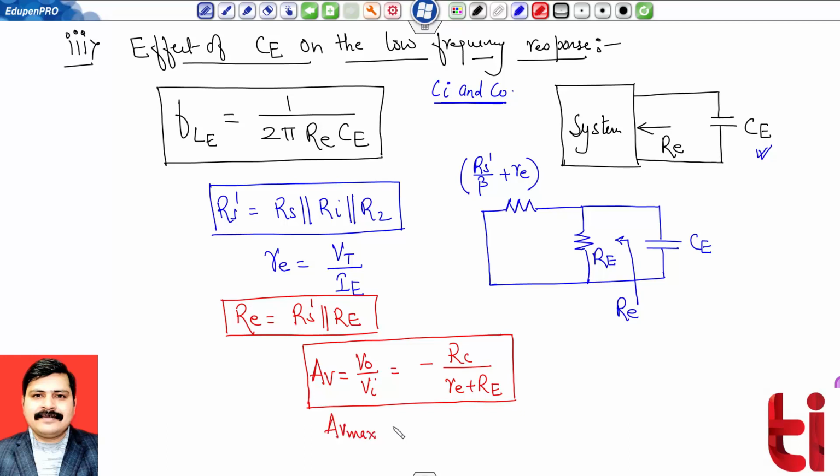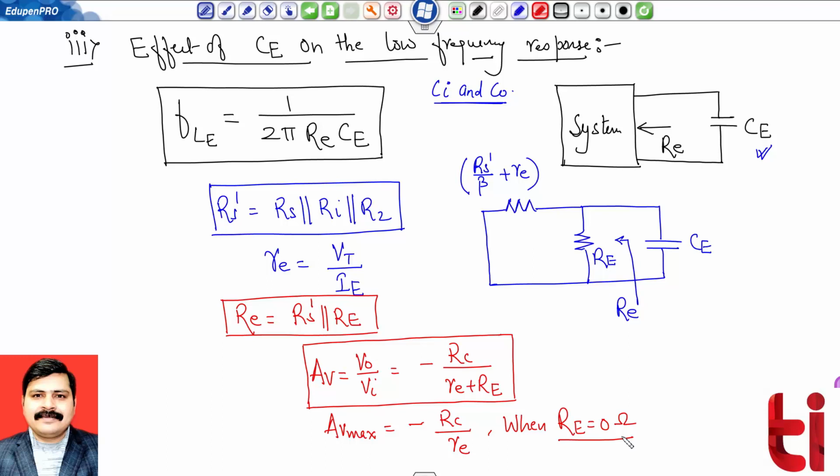AV max can be achieved, which will be equal to minus Rc upon Re when Re will be equal to 0 ohms. And practically it is possible for higher frequency values where the capacitor will be replaced by a short circuit.